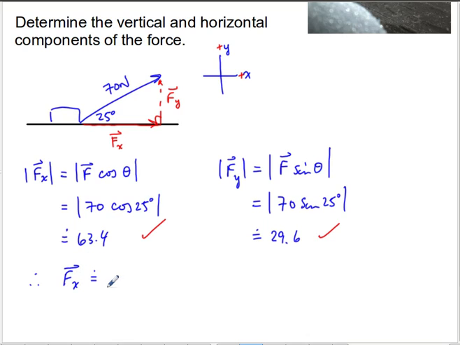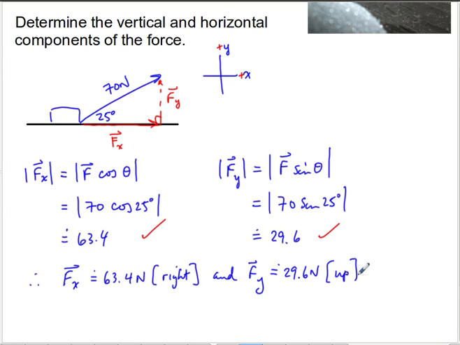Therefore, the force in the x direction is equal to 63.4 newtons to the right, and the force in the y direction is equal to 29.6 newtons. Now is when the unit should come back in, and my direction is up. And this is based on the diagram that I've given.